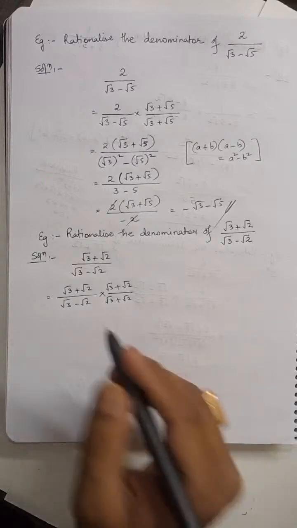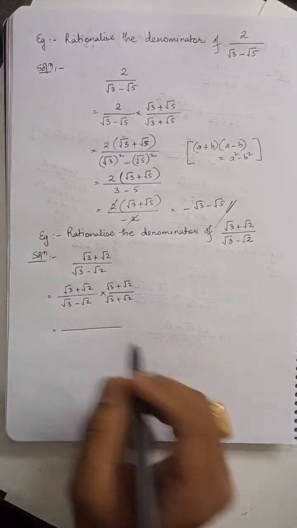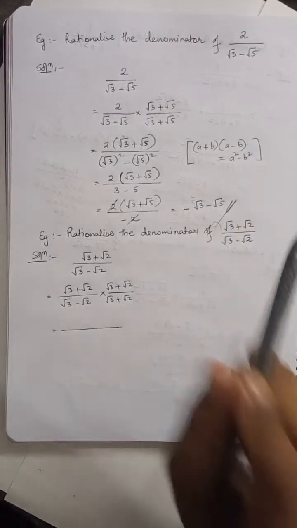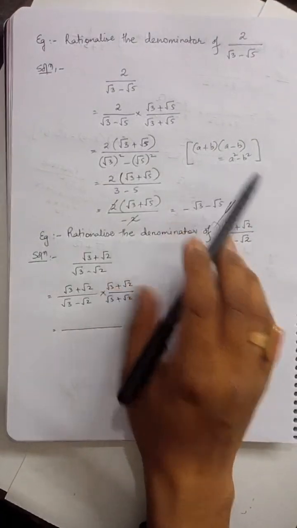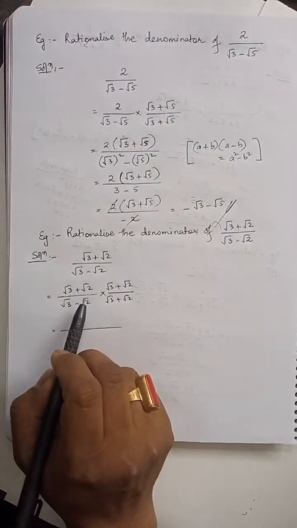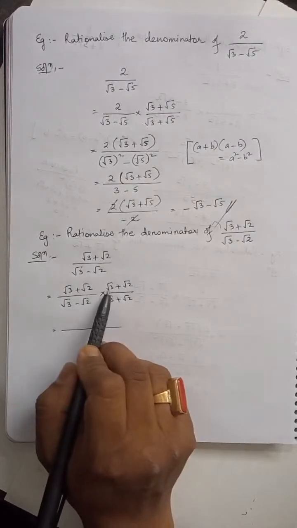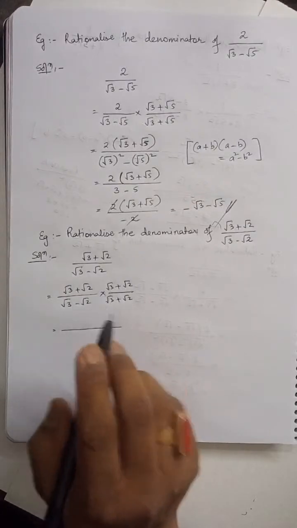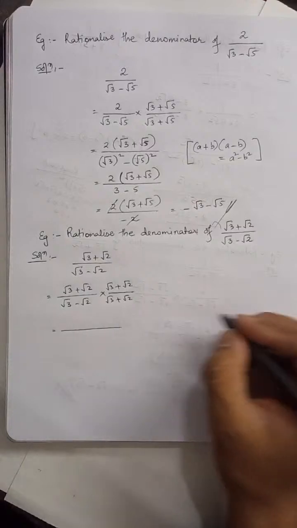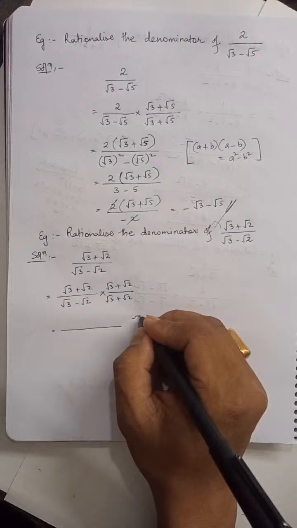Okay, let me tell you how. So in the denominator part we are going to use this identity, a plus b into a minus b, but just have a look at the numerator. We have the same terms, is it? We have root over 3 plus root over 2 and root over 3 plus root over 2. So in the numerator part, I'm just depicting this with some arrow marks.